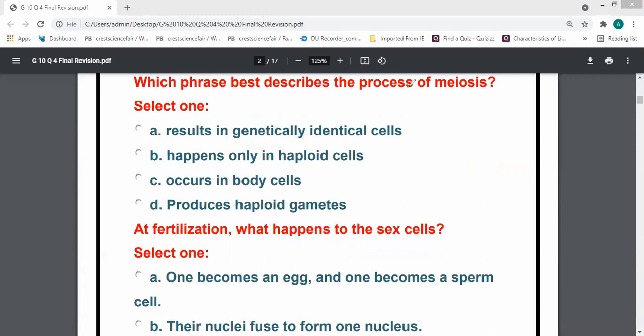Farah, what's the difference between B and D? The choice B and D. Farah? Yes. What's the difference between the choice B and D?